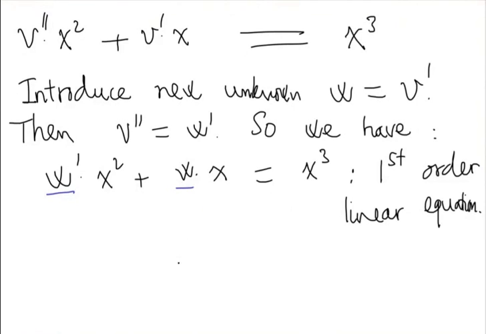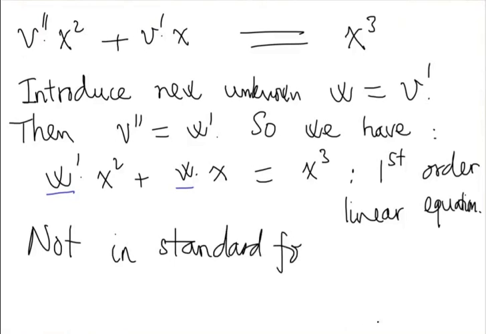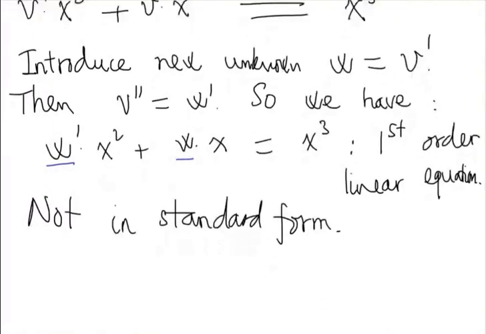It contains a second derivative. But by introducing new unknowns, v and then w, we reduce to a first order linear equation. But this linear equation is not in standard form. And most of the time, it will not be in standard form.